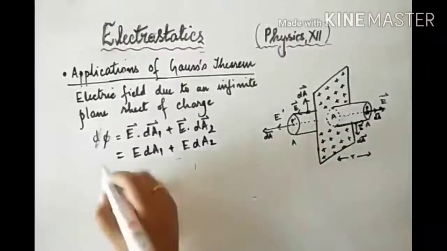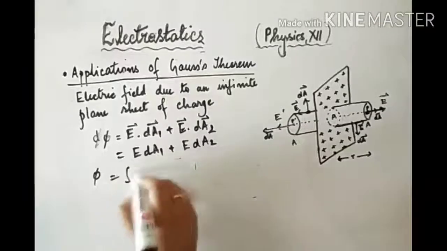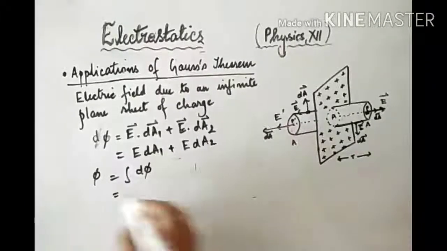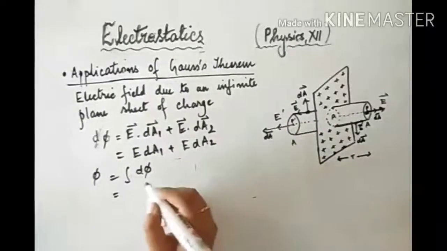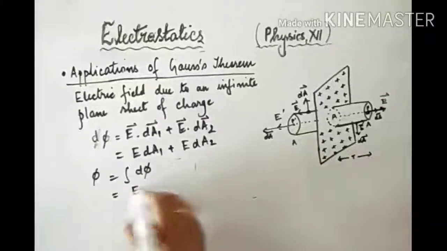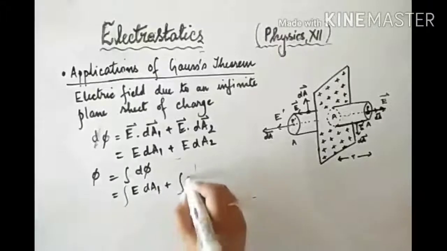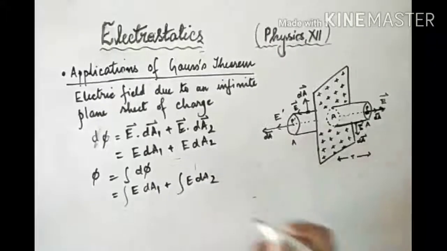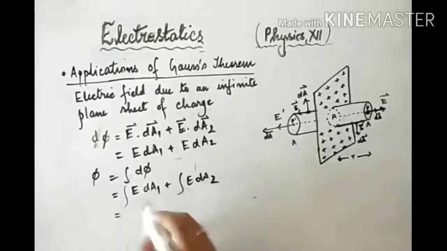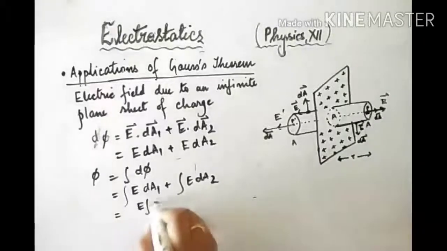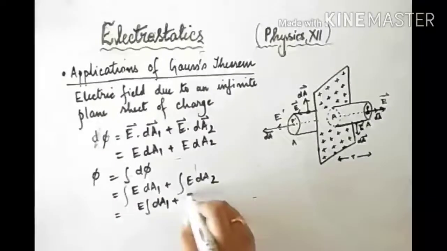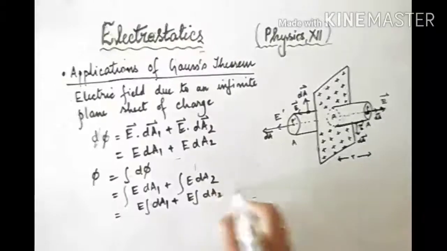If you want to find the total flux, integrating d phi, you will get integration E dA1 plus integration E dA2. So you will get E integration dA1 plus E integration dA2.